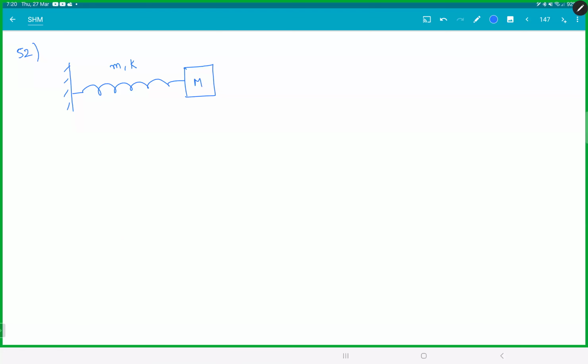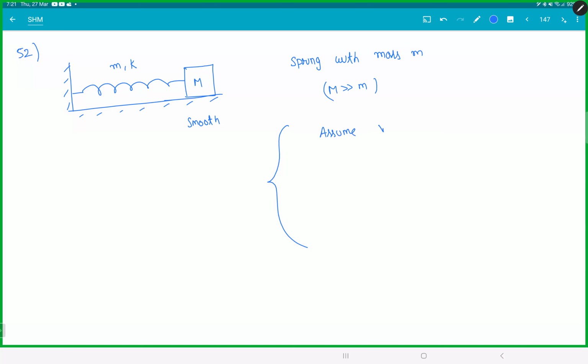If the spring has mass, if you take problems with massive springs, so we have a spring with a mass m. The mass of the block is much greater than m, but the spring does have some mass. So here, one thing we can assume is that the velocity in the spring varies linearly. I'll tell you what it means. They will generally mention it. If they don't mention it, you have to assume. There's no other way to do this.